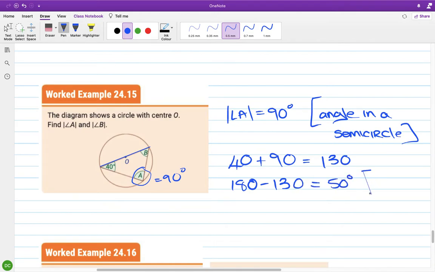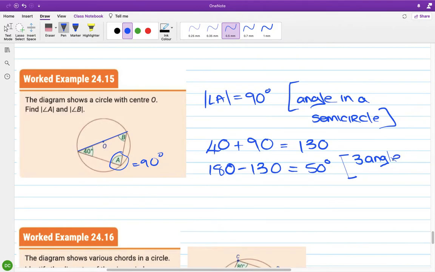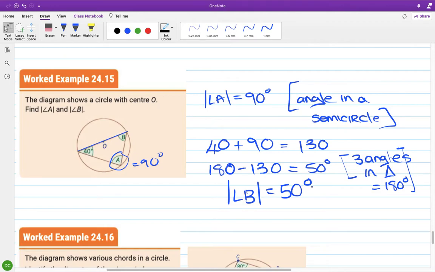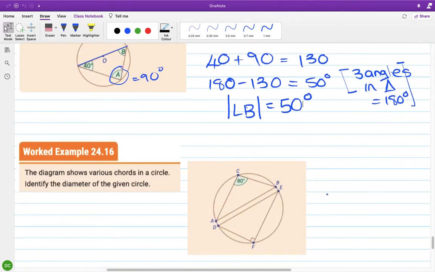And how did I know that? 3 angles in a triangle equal 180. That's how I knew. So we know that angle B is equal to 50. Is that okay? That's the first one. Next one.